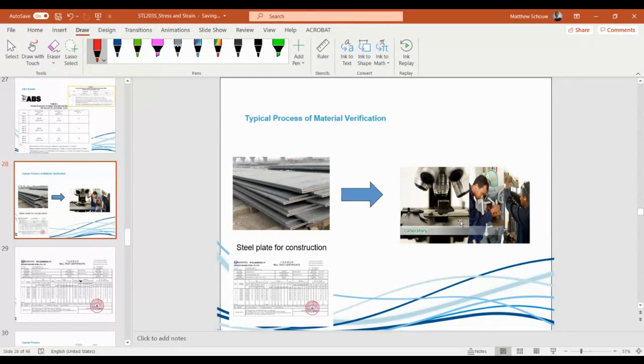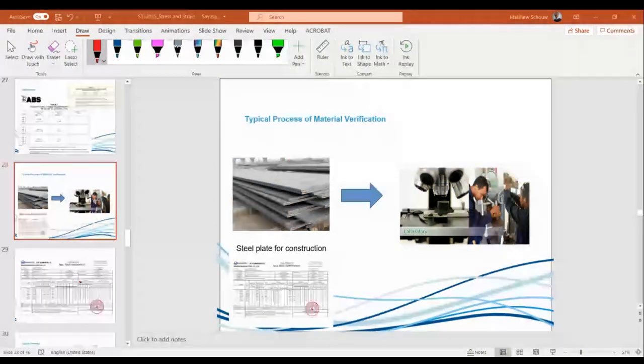And I would now prepare specimens, again in accordance to ABS. In ABS again, there are specific things. Let me show you, I'll tell you exactly how the specimen must look. I'll show you a standard round specimen.